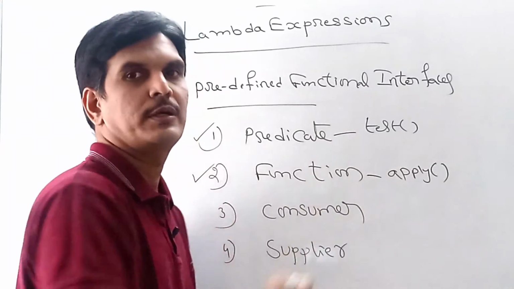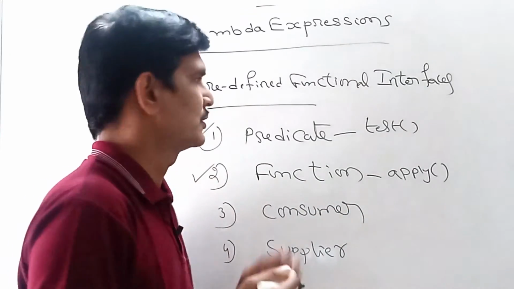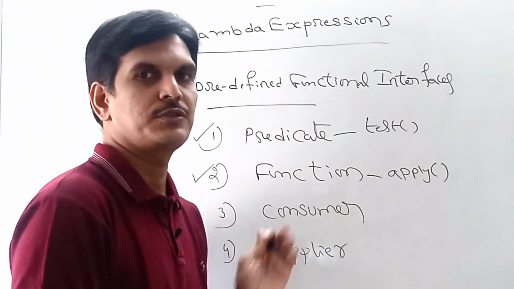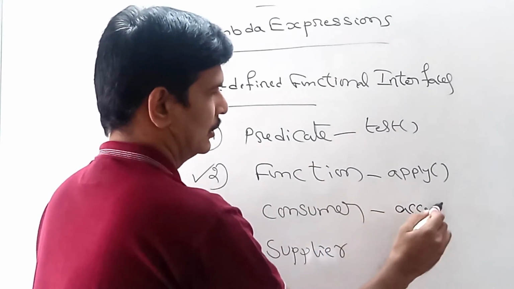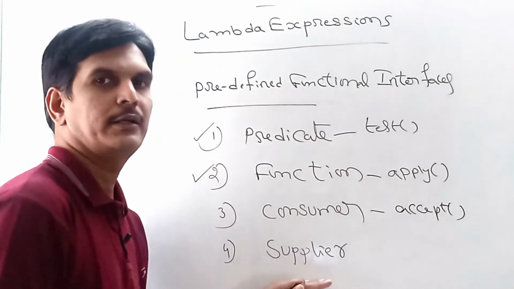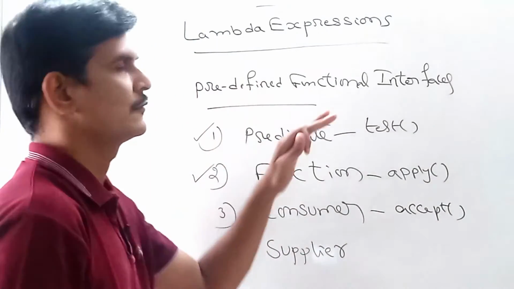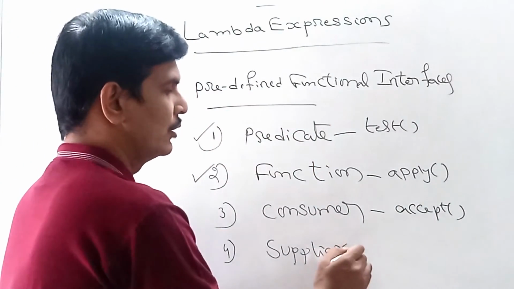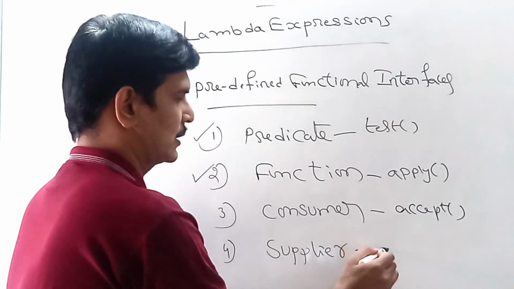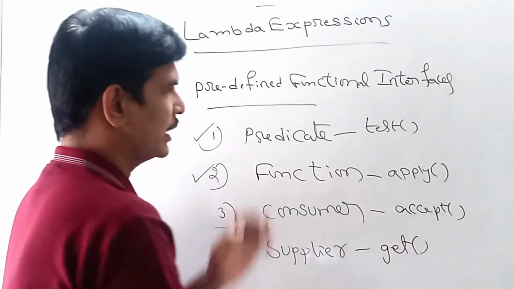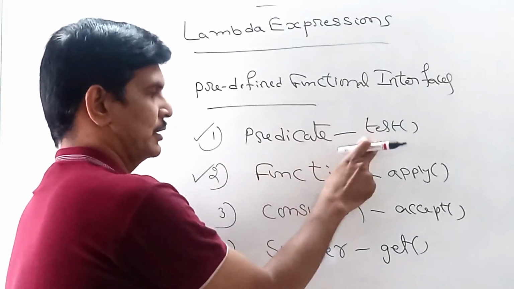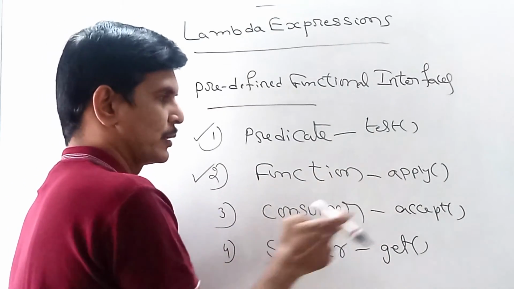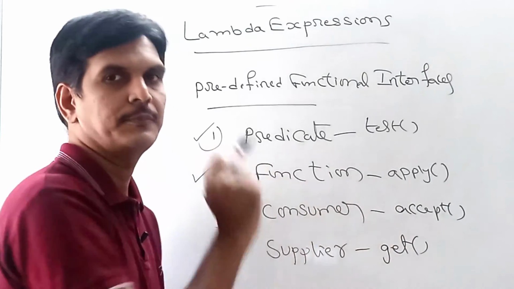Similarly, consumer is also a predefined function interface, which has a method called accept. And finally we have supplier, which is also a predefined function interface with one abstract method, which is get. So predicate is having test, function is having apply, consumer is having accept, supplier is having get.